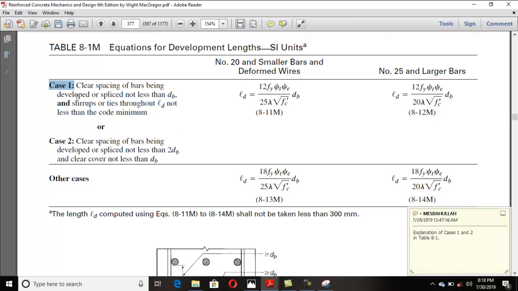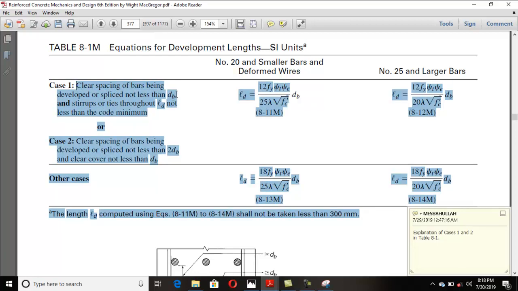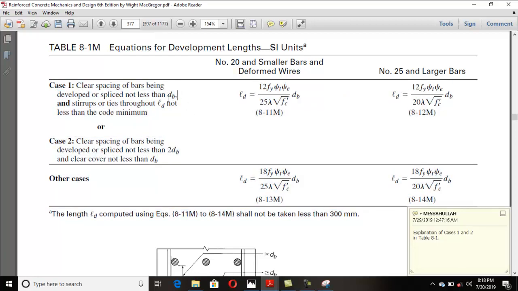In case 1 it is said that the clear spacing of bars being developed or spliced is not less than db. I think that is clear, because the clear spacing in our example is more than the diameter of the bar, about 4.5 times the diameter of the bar.